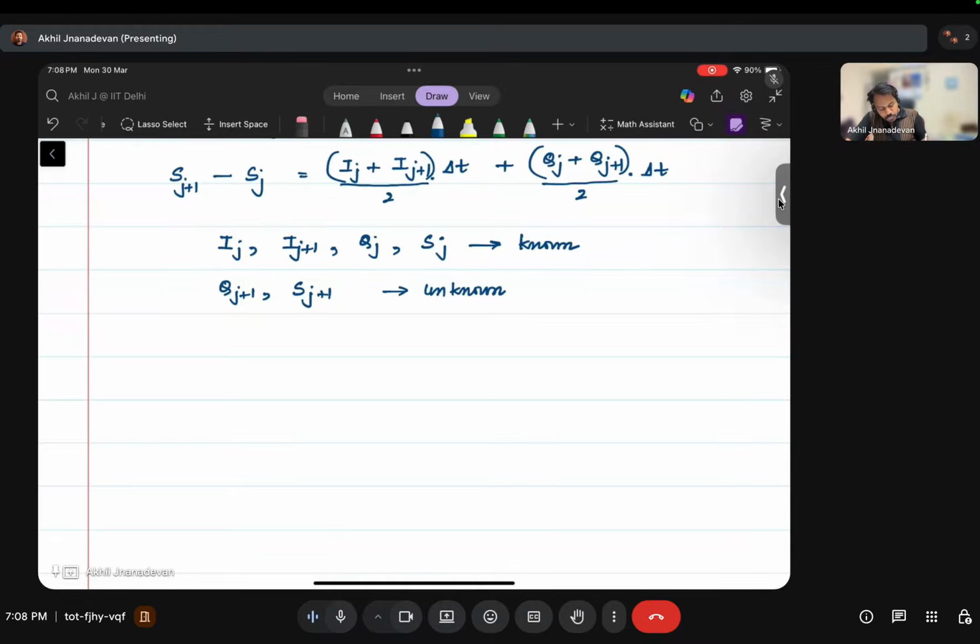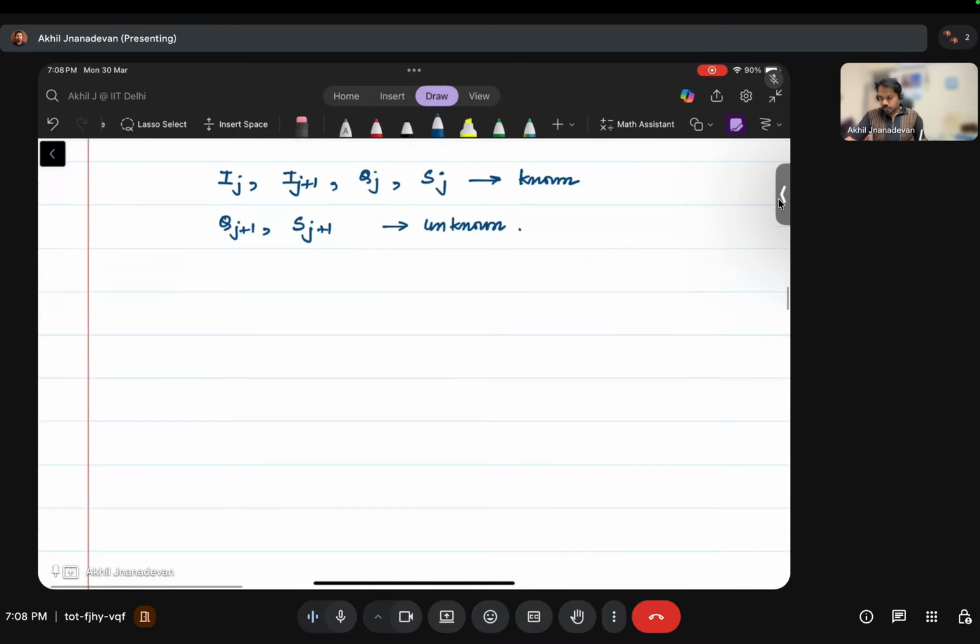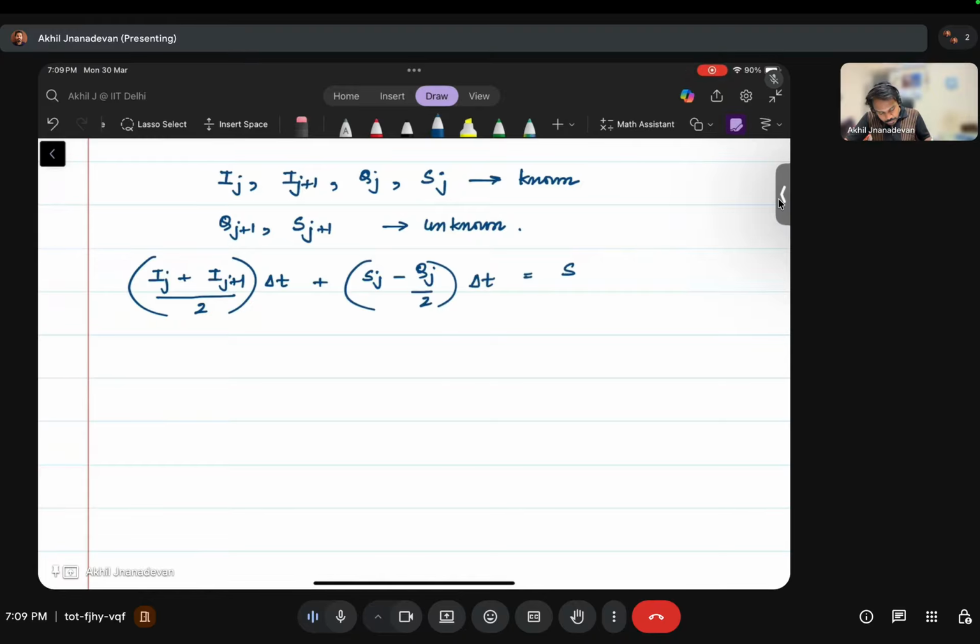So what we do is bring the known terms together. We have (Ij plus Ij+1) by 2 into delta t plus (Sj minus Qj by 2 into delta t) is equal to Sj+1 plus Qj+1 into delta t by 2.